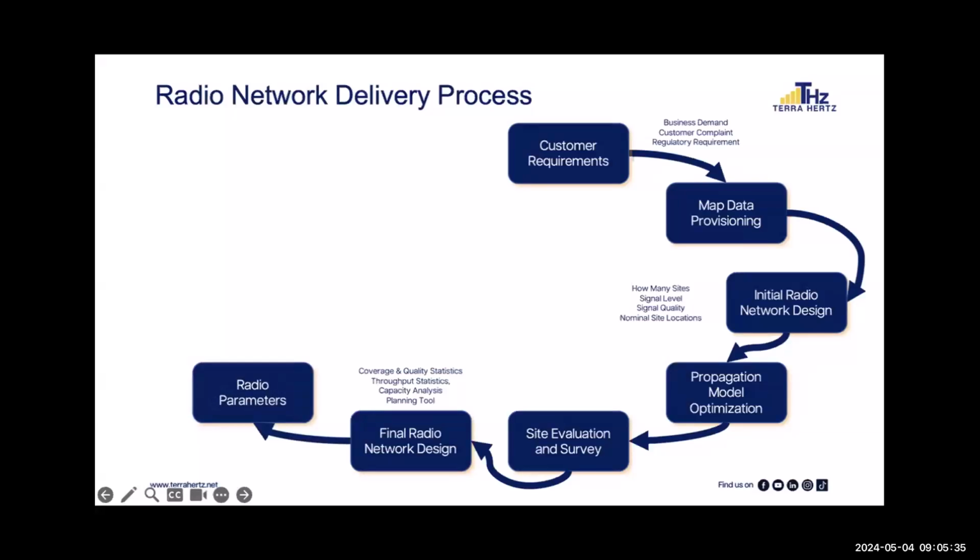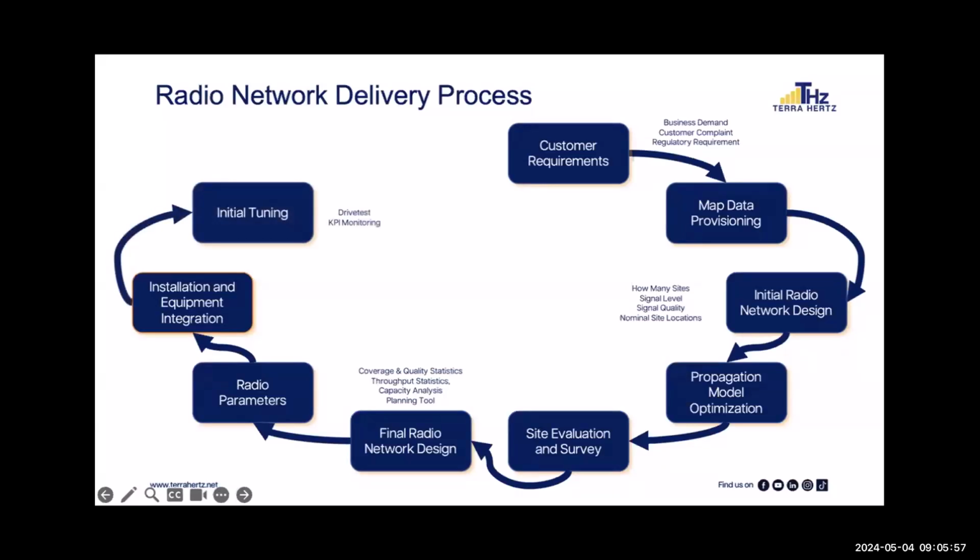The radio parameters are almost the same as the traditional RAN. What is the power for the radio? What are the frequency assignments? Initially you need to plan for the frequency, the PCI, and the scrambling code if there's 3G. Then, of course, you need installation and equipment integration. After that is initial tuning, where you test using a drive test tool, and then acceptance.